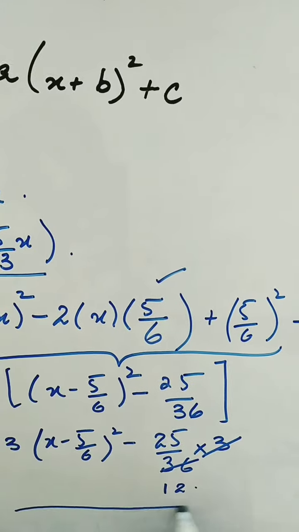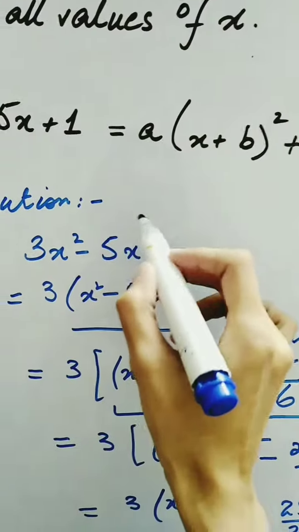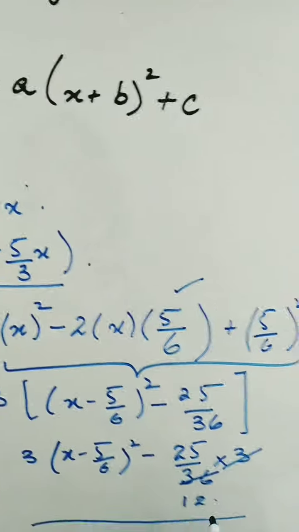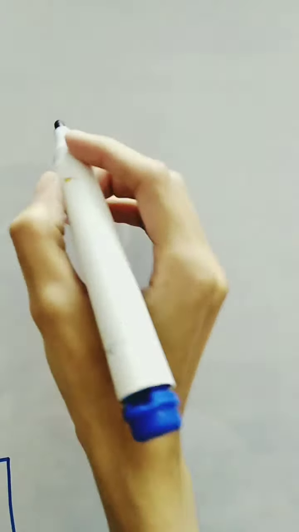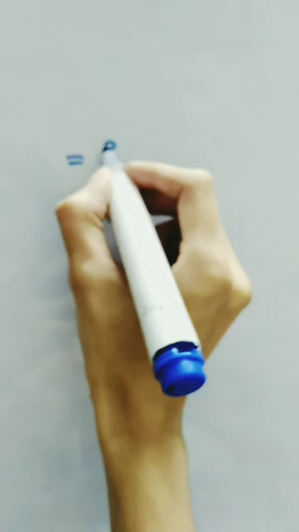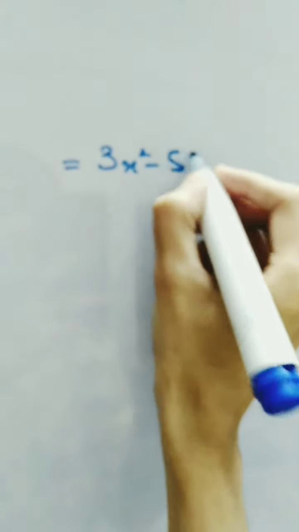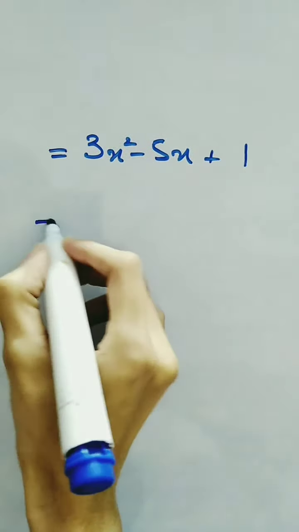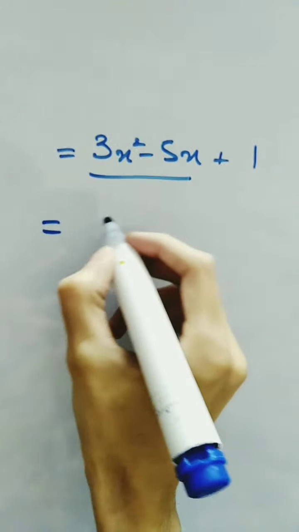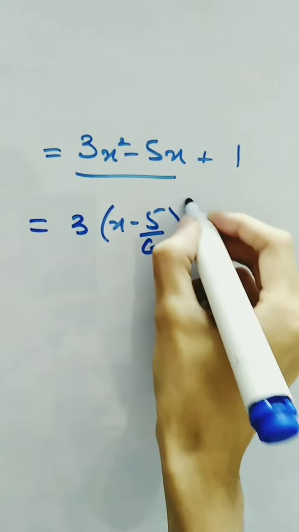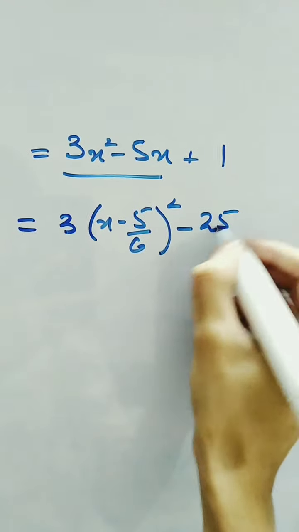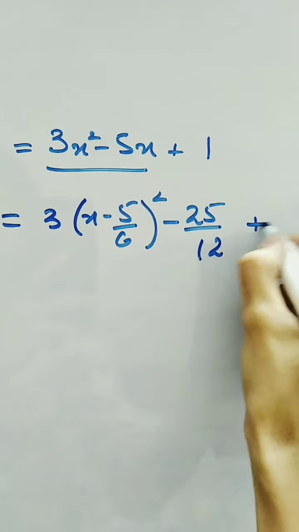Now this whole expression is equivalent to this, so we will put the value of 3x squared minus 5x into the main equation. We will have 3x squared minus 5x plus 1, and the value of 3x squared minus 5x is 3 times x minus 5 over 6 whole squared minus 25 over 12, plus 1.